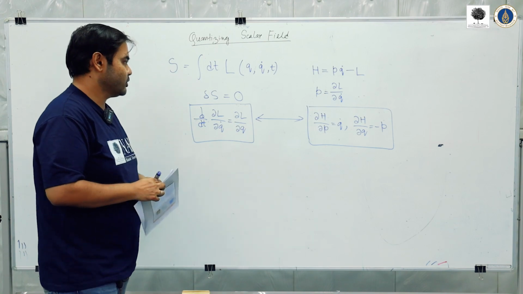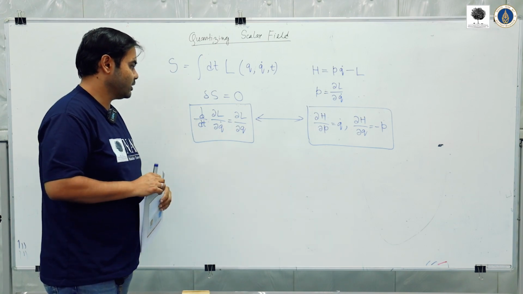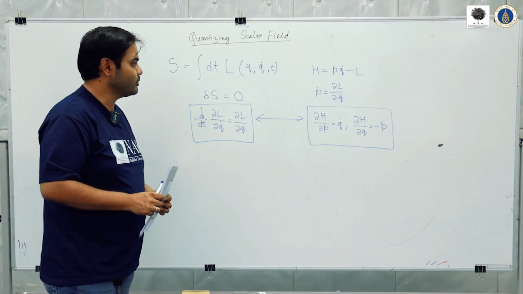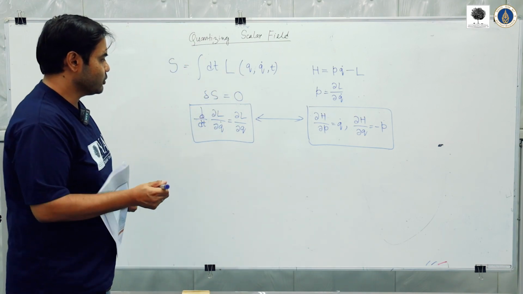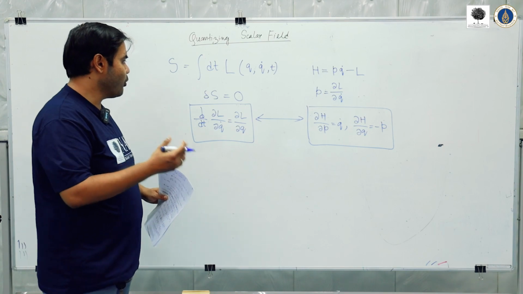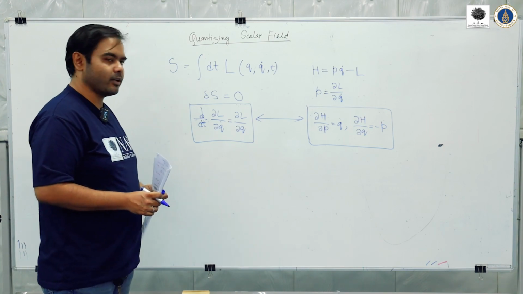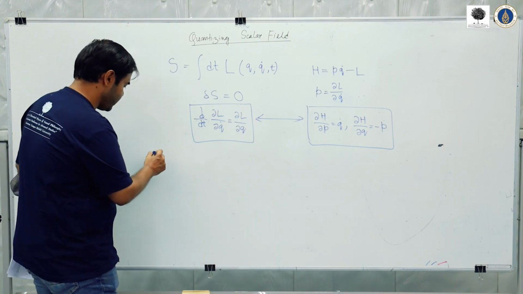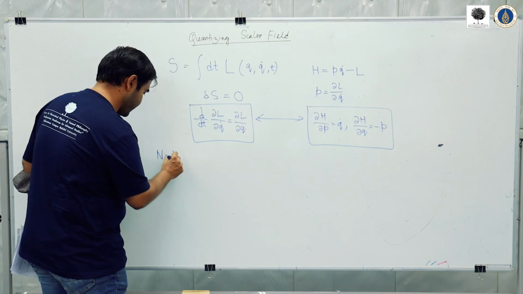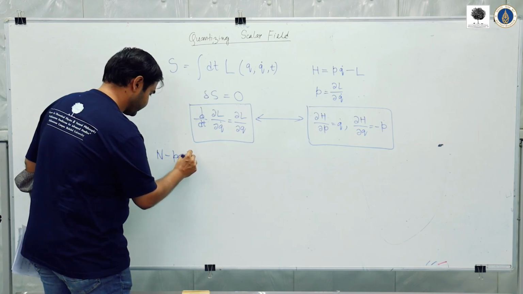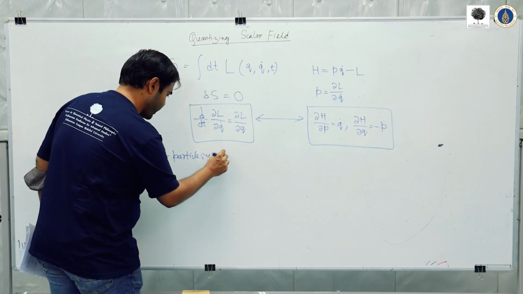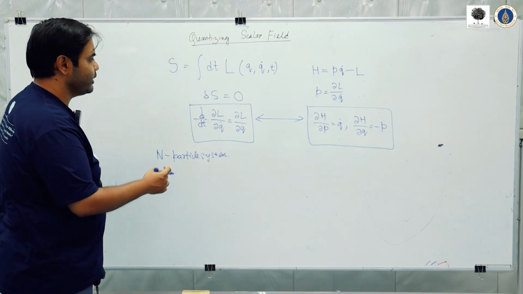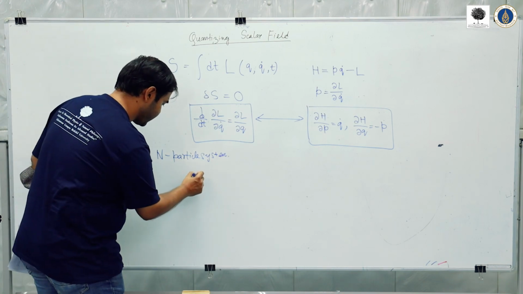So this is the story of a single particle, because p and q belong to a single particle. What will happen if you have more than one particle, say a many-body system, an n-particle system? Then this whole thing generalizes.